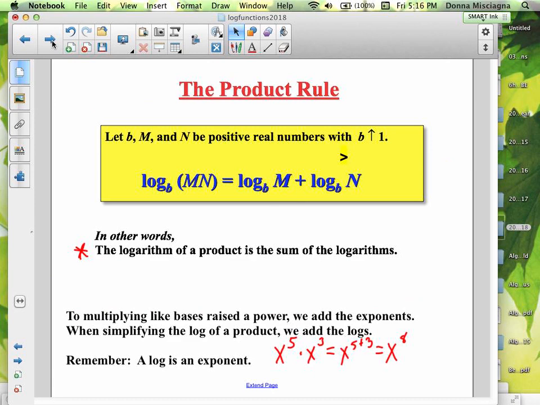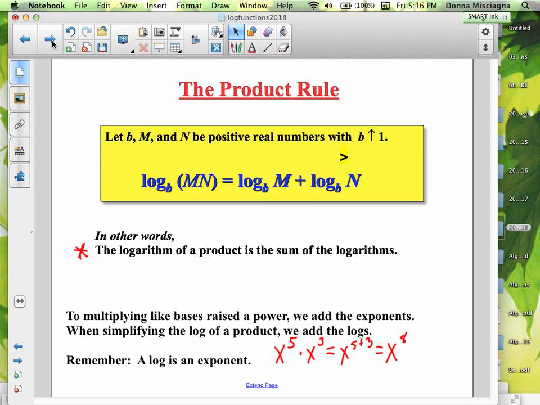It is equal to the sum of log base b of m plus log base b of n, right? So if I've got a product that's m times n, that log of the product is equal to the sum of the individual logs. So in other words, the logarithm of a product is the sum of the logs.